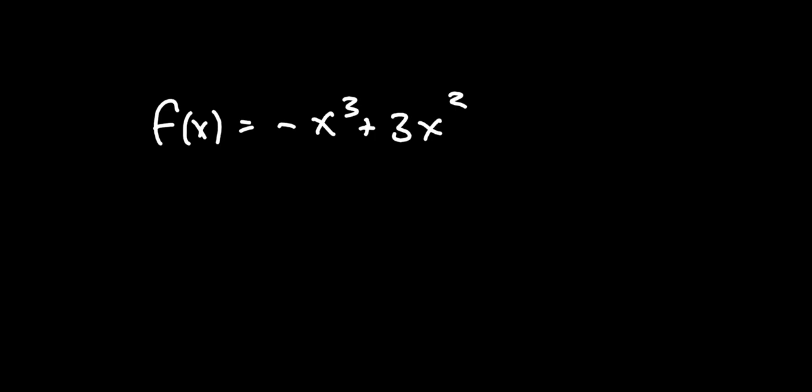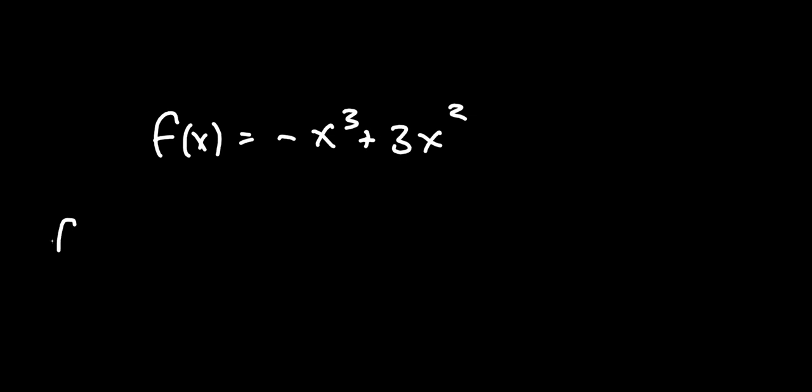So our first step is to take the first derivative, so f prime. This is going to be negative 3x squared plus 6x. We're going to set that equal to 0. Okay. Let's do a little bit of factoring magic.